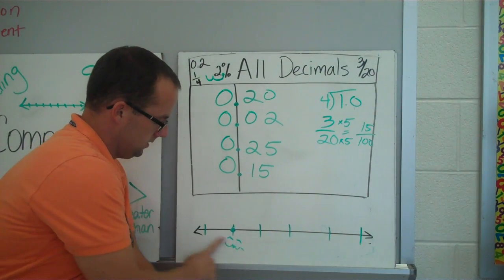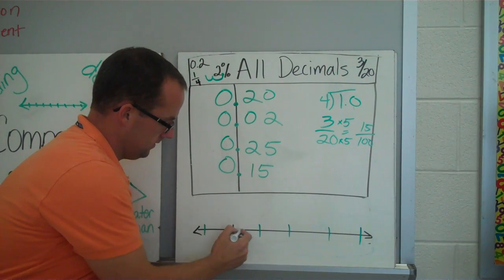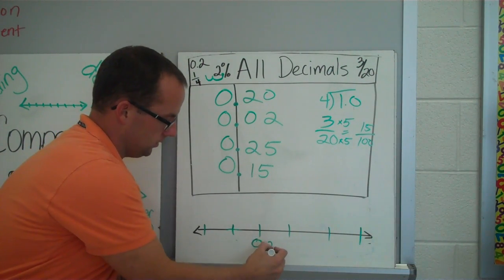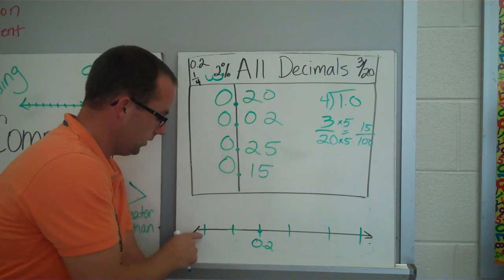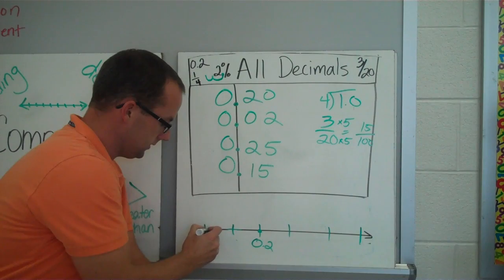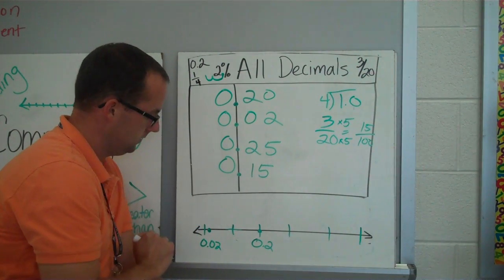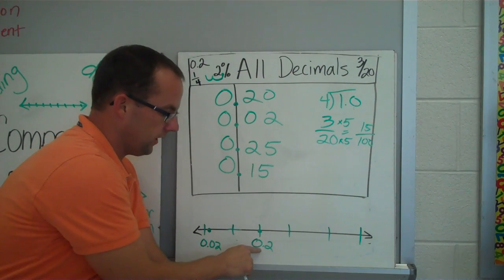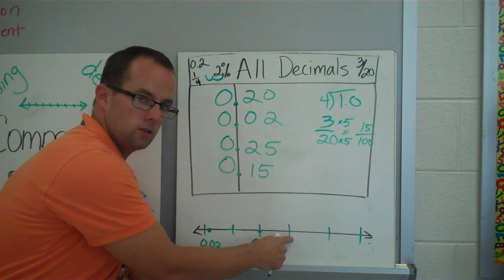And actually, scratch that. We're going to make this 0.2. So that would make this 0.1. And then I know that 0.02 is down here, really close to 0. Okay? 0.25 I know is going to be greater than 0.2, but not quite 0.3.